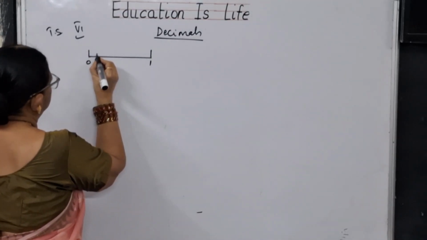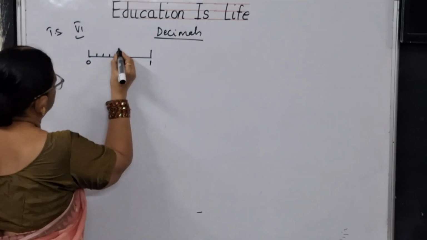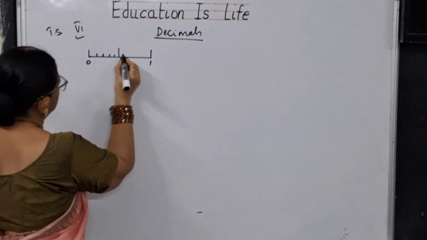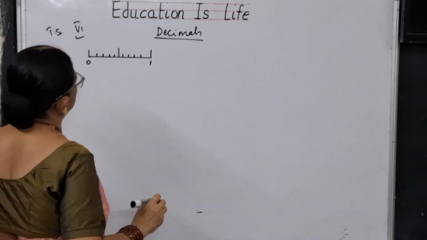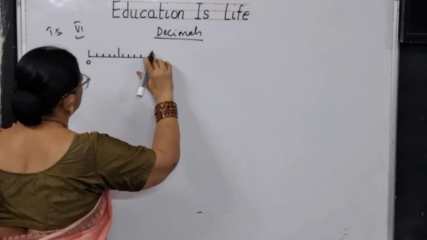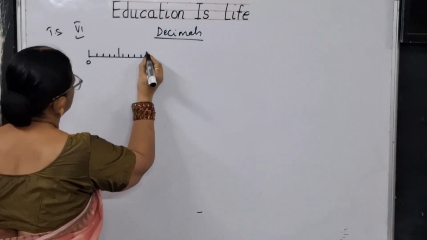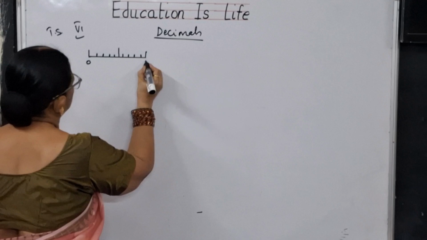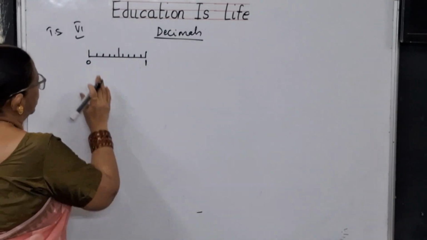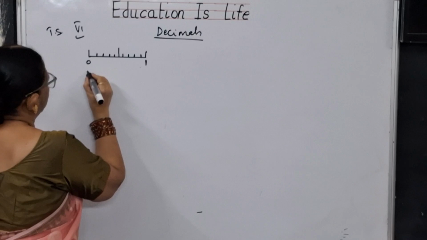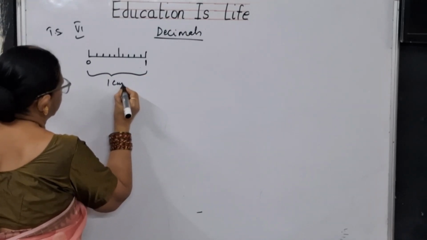This will be divided into 1, 2, 3, 4, 5, 6, 7, 8, 9, and then this is the 10th one. So this whole thing you call 1 centimeter.